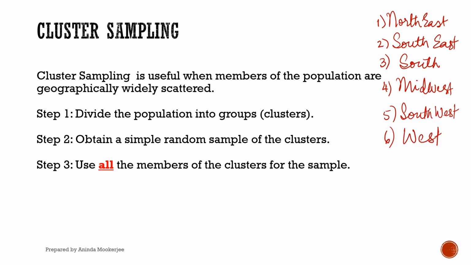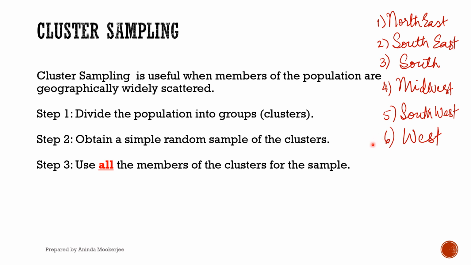So we have our 6 clusters, which represent the 6 regions of the country that we just formed. Now we have to randomly pick a certain number of clusters.